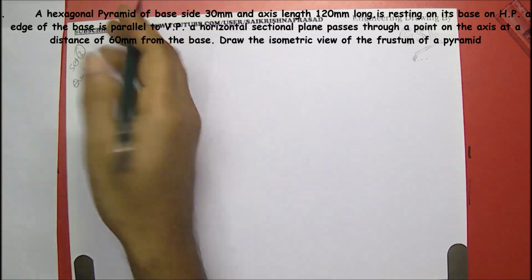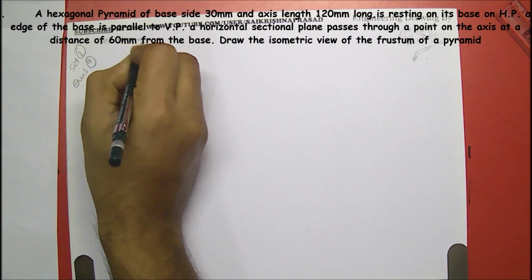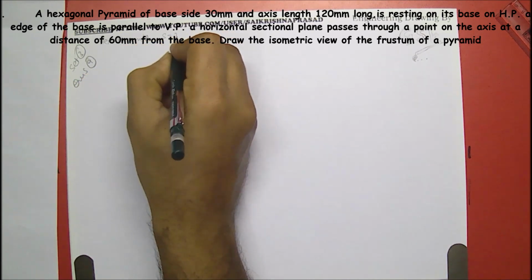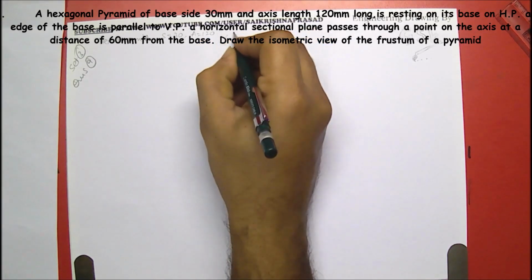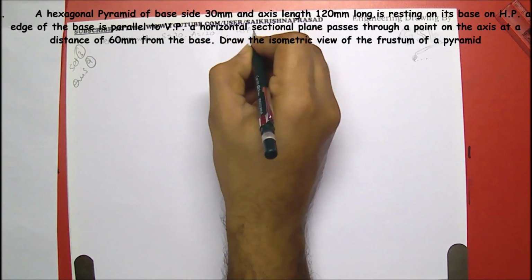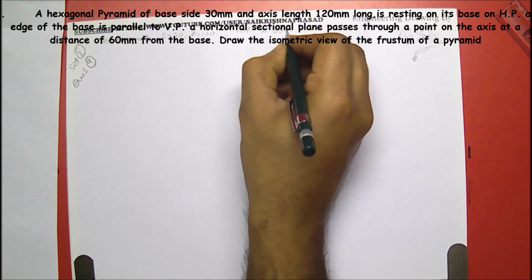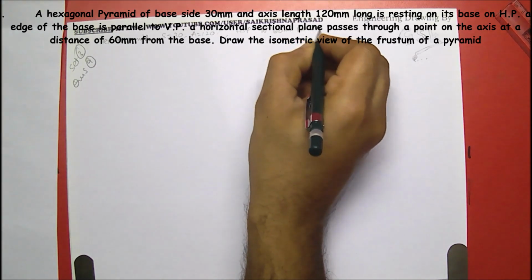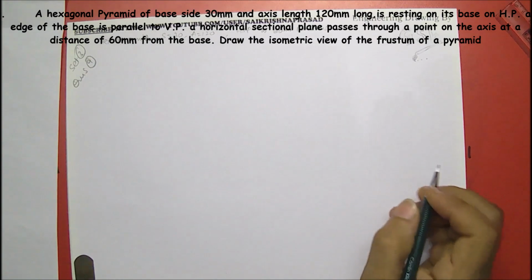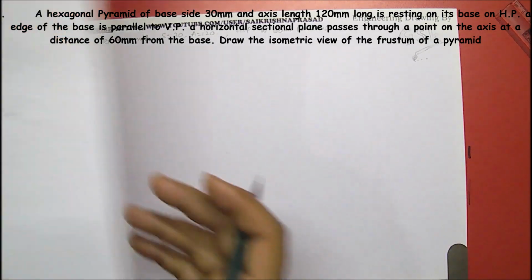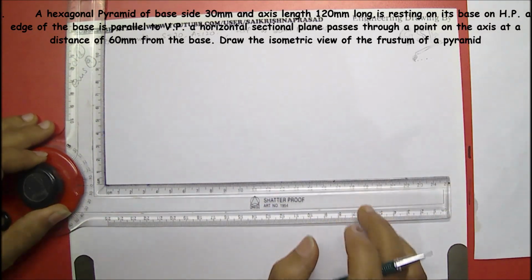So here given is hexagonal pyramid, side 30, axis 120. Horizontal section plane is cutting this at 60 mm from base, right? So first we have to draw the orthographic projections of this one, and then we have to move for the isometric projections of that.